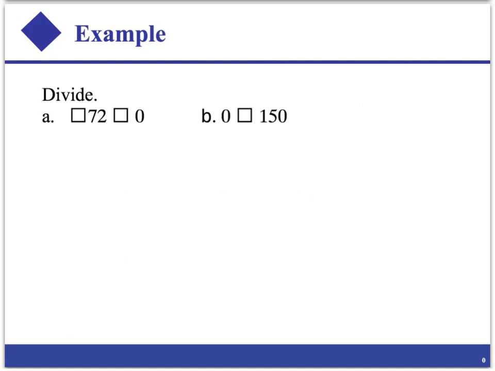Alright, let's look at this one. It says negative 72 divided by 0. Anything divided by 0 is undefined. You can't put 0, you can't put anything. You have to put undefined.